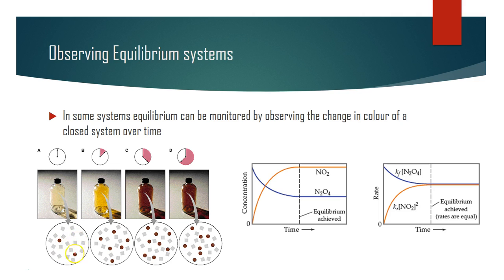But we can see initially we've got a small amount of NO2. As the reaction proceeds, as we produce more NO2, it gets darker. But at no point is it colourless, because as soon as we have some product being formed, it's starting to colour the mixture.